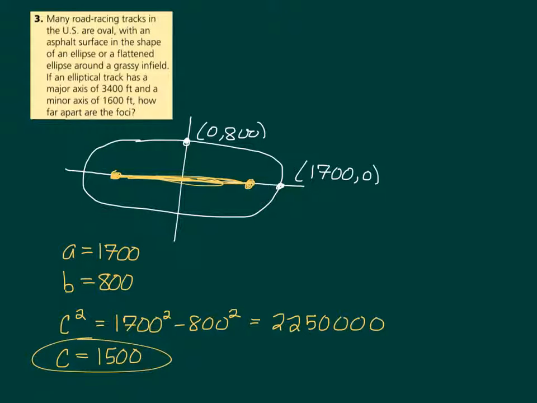So then we have to understand what C means in the context of the ellipse in general. How far apart are the foci? Again, that's this distance here. C being 1,500 means this point is (1,500, 0), and this point is (negative 1,500, 0). So how far apart are the foci? 3,000 feet.